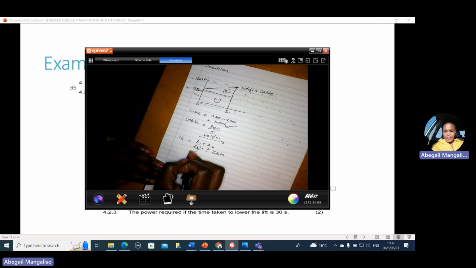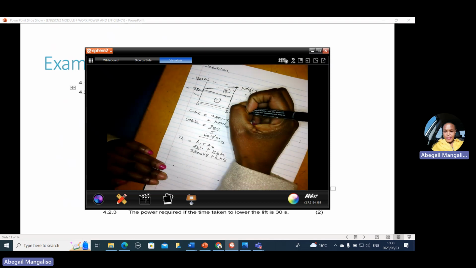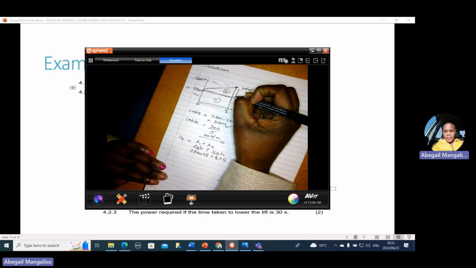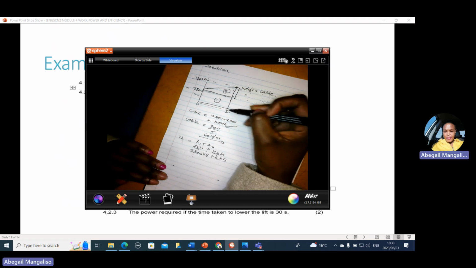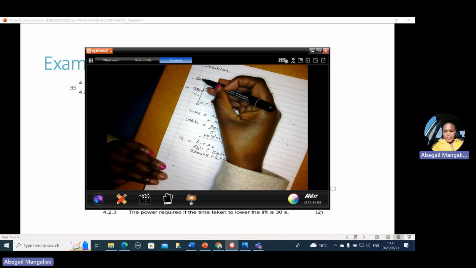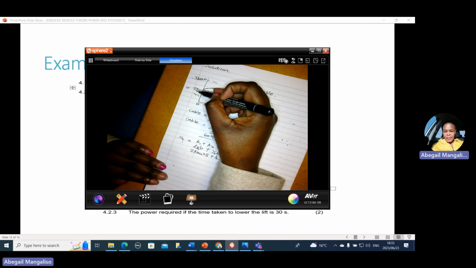So this one is 2,500 by 5, plus half times the base of this triangle, which is 5. But the height of the triangle is from this point to this point. So from here to here is 2,800, but from here to here is 2,500.